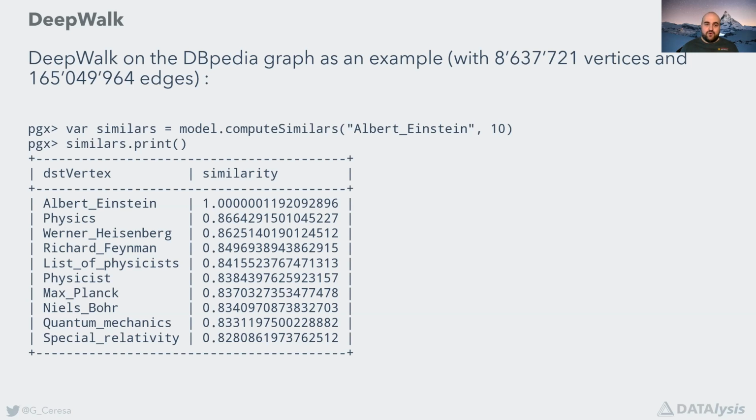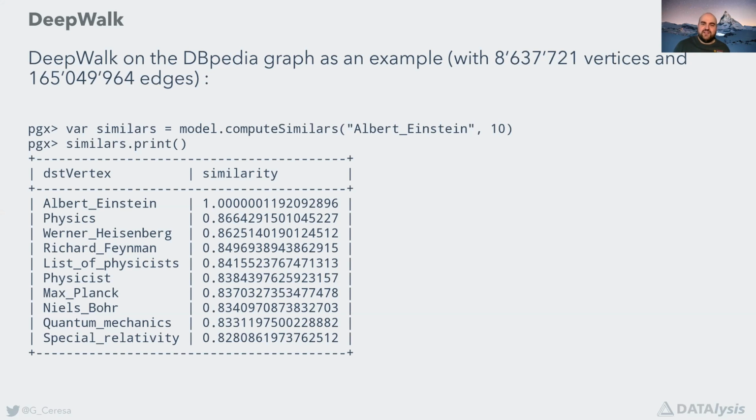You train DeepWalk on this one, and you say, let's take Albert Einstein. It's a page in the DBpedia database, and I say, thanks to DeepWalk, can you please tell me who is similar to Einstein? Not looking at direct connections, because there are no direct connections in the graph. The graph is really just pages attached to categories and topics and so on.